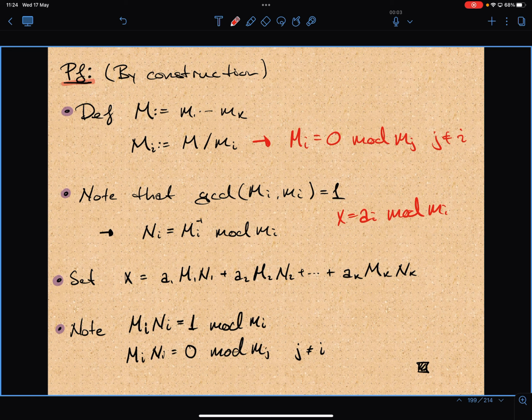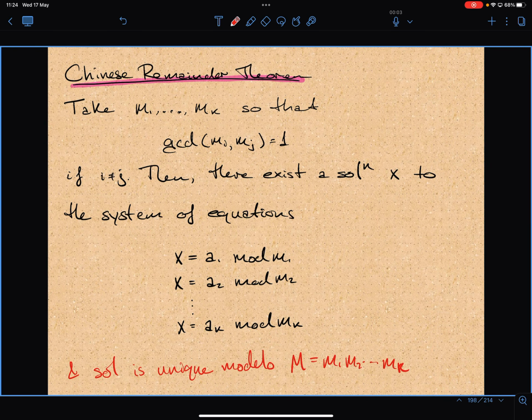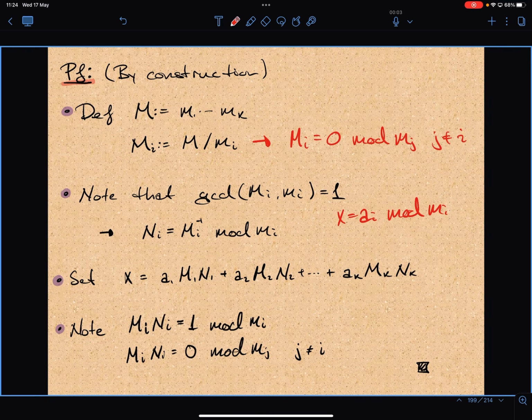I'm going to leave out that the solution is unique modulo m. It's not too hard to show, and I'm leaving out the fact that the additive and multiplicative structure are preserved. But as we just saw in the examples, it did work for that case, so I expect that you believe the statements.